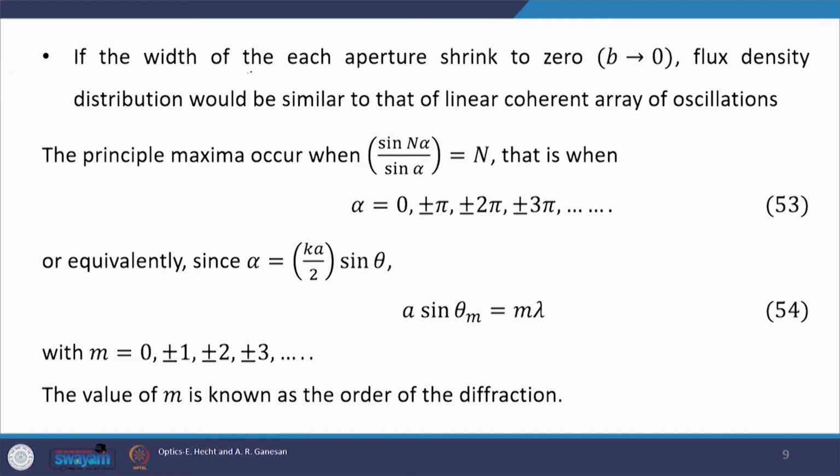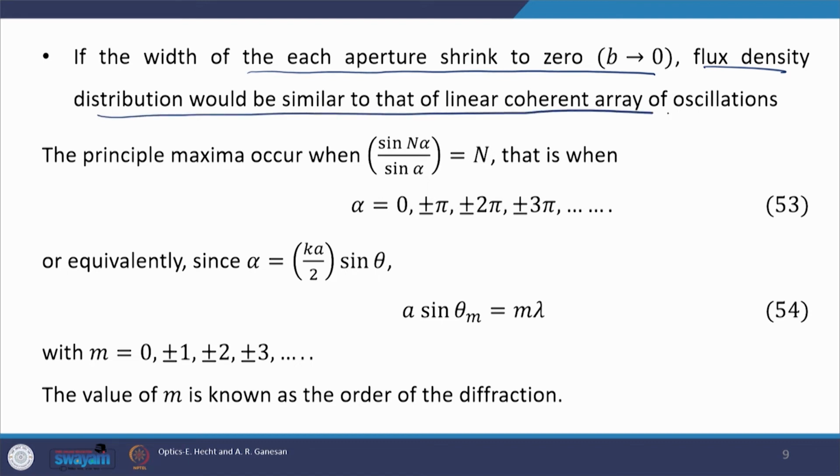Now, if the width of each aperture shrinks to 0, meaning if we start reducing the width of each slit, then the flux density distribution would be similar to that of a linear coherent array of oscillators. Why is it so? Because suppose these are the slits which we are talking about, and if you reduce the width to 0, then we will have a single line oscillator.